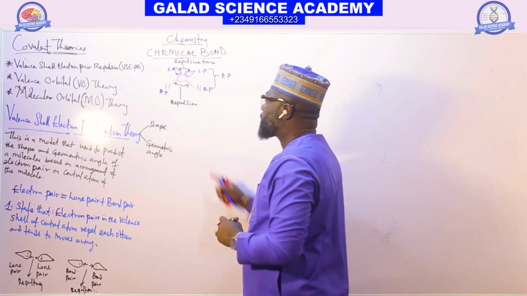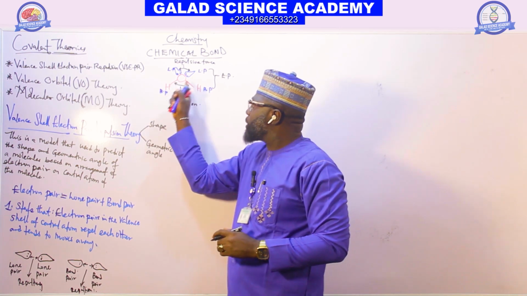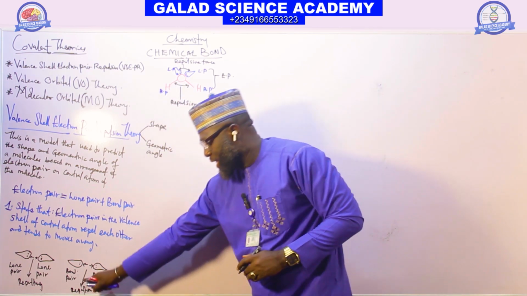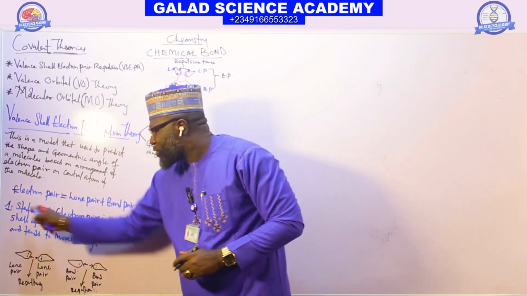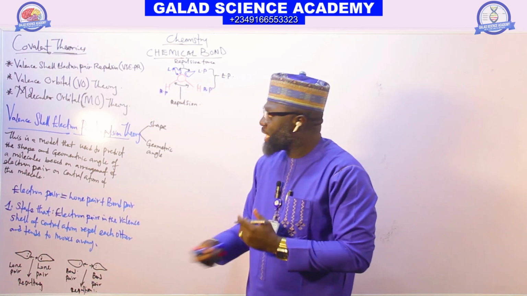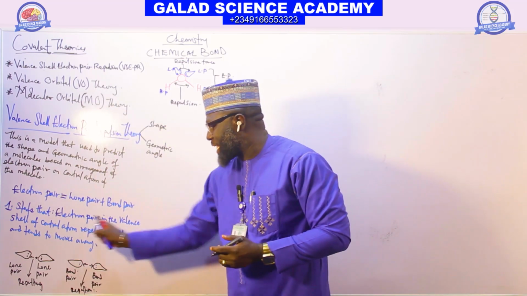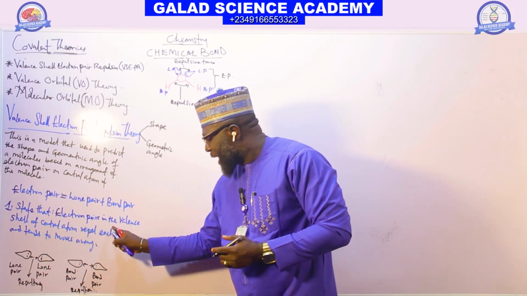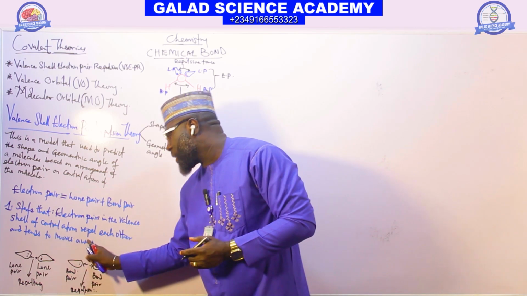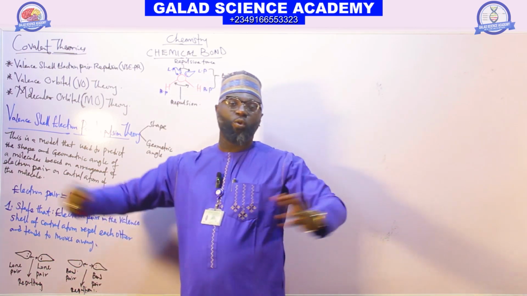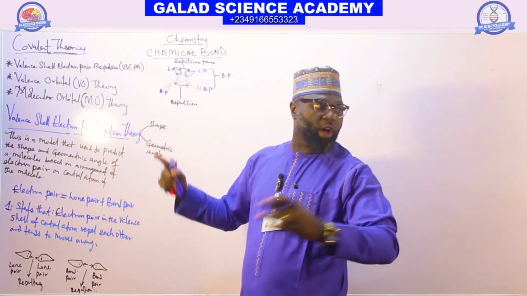The force of repulsion occurs between bond pair and bond pair. That is the first postulate of VSEPR, saying that electron pairs in a valency shell of the central atom repel each other and tend to move away. So these two move away from each other.